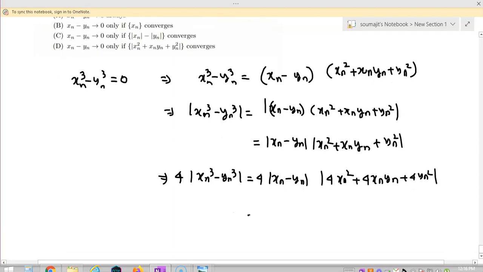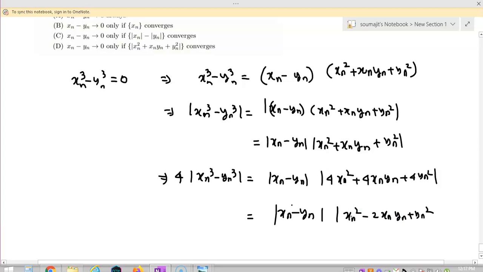So, sorry, there will not be any 4 on the factor xn minus yn. So xn minus yn into, now I can write it as xn square minus 2 times xn yn plus yn square.